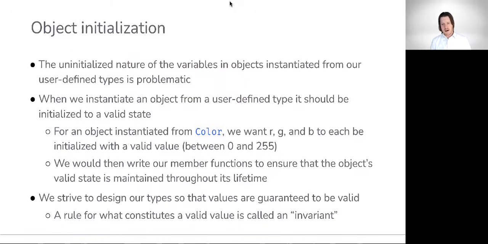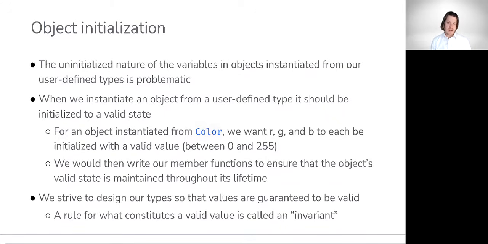When we instantiate an object from a user-defined type, it should always be initialized to some sort of valid state. For an object initialized from color, obviously we want those data members to be initialized with a valid value between 0 and 255 inclusive. We would then write the member functions of the public interface to ensure that the object's valid state is maintained throughout its lifetime.